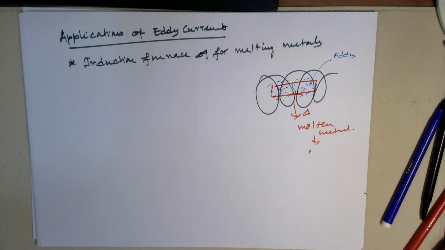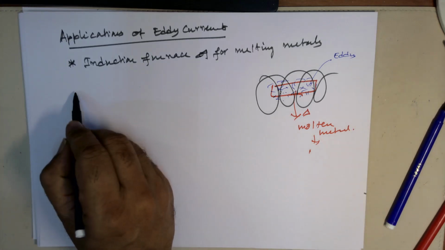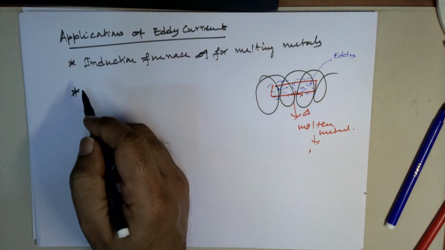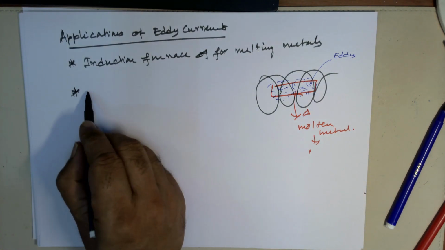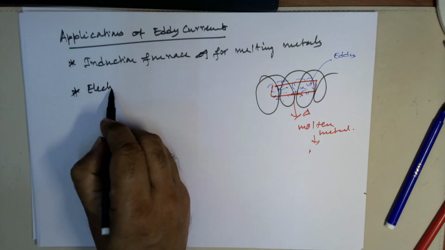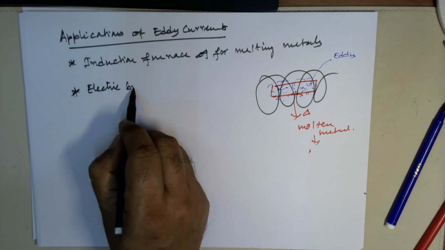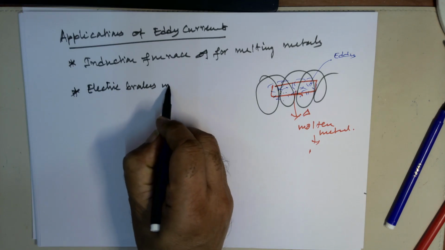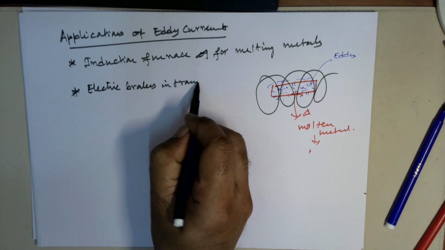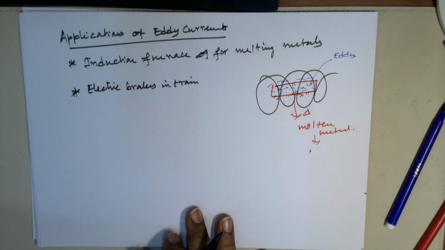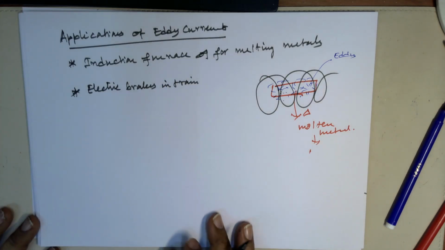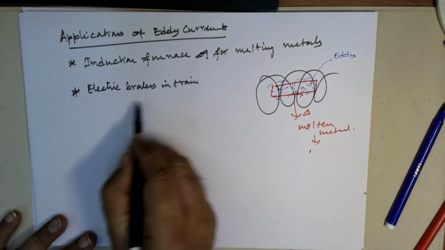Next application: electric brakes in train. On applying brakes, a strong magnetic field is set up.